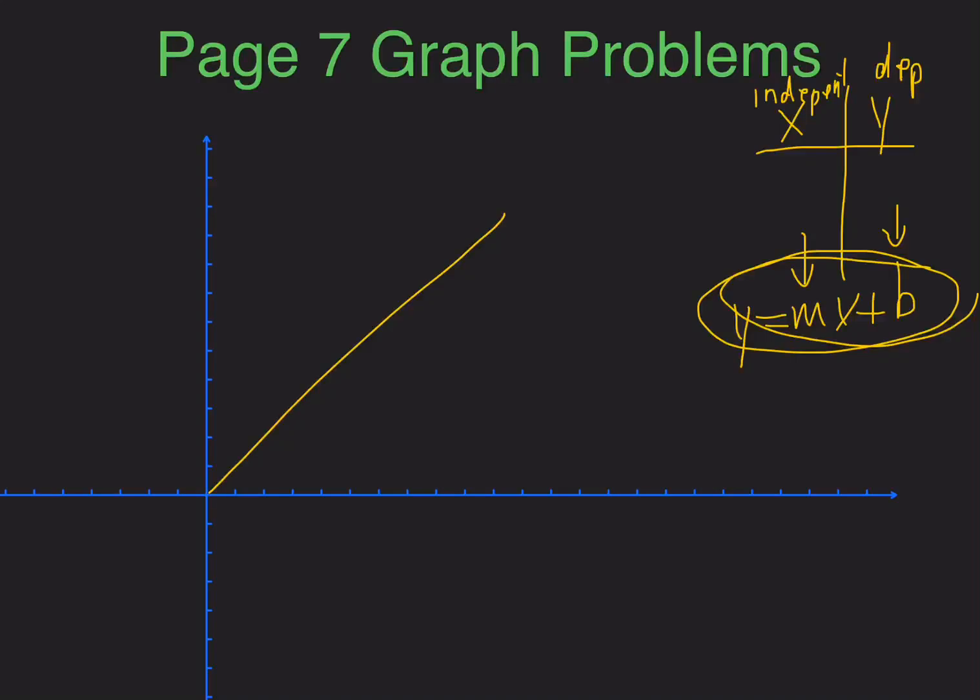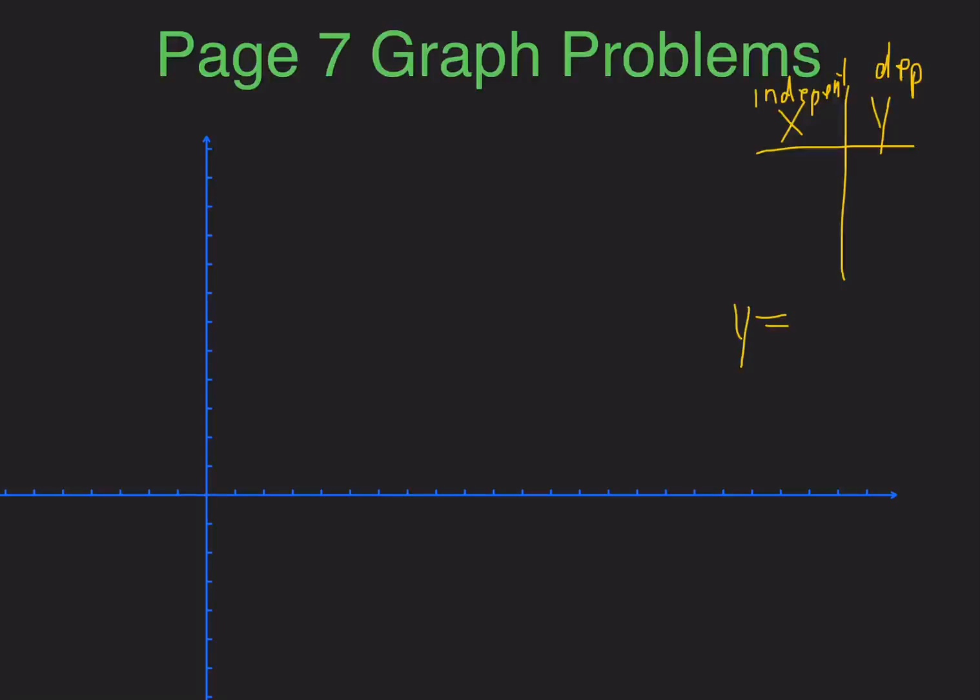And if it's going through the 0, 0, then this first graph you would write as y equals, and the slope is 1, so you don't have to write it, x plus, since the y-intercept is 0, you wouldn't have to write that. So this is y equals x. Your first one is a y equals x graph. That's what you'd have down for that.